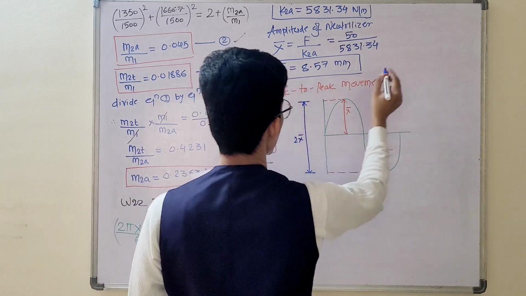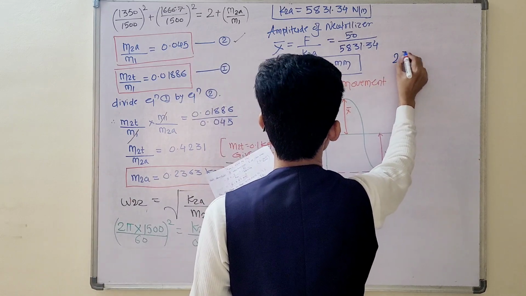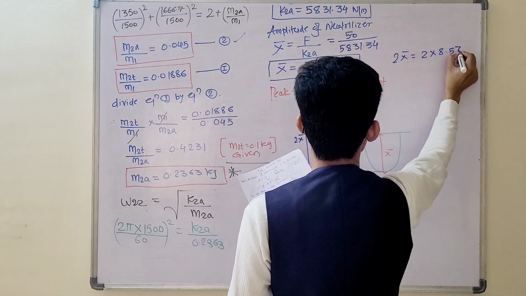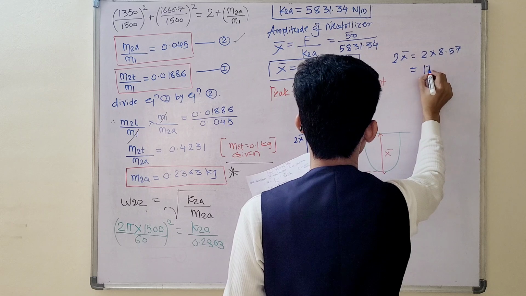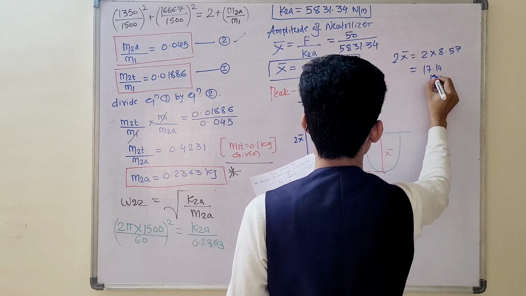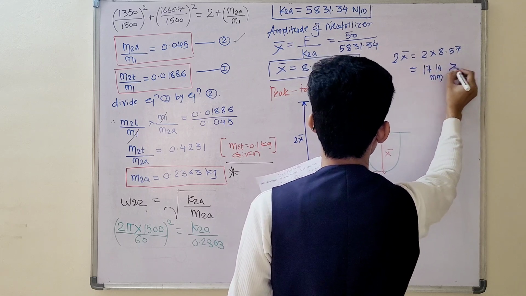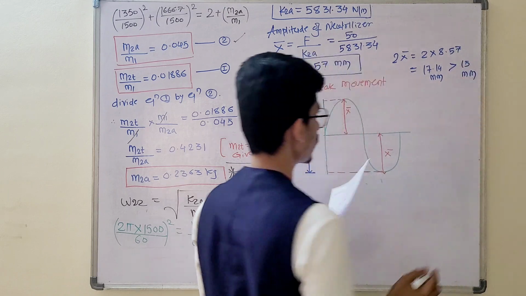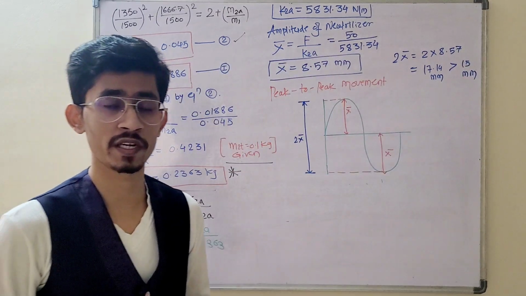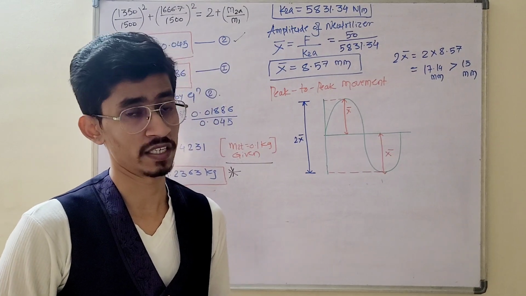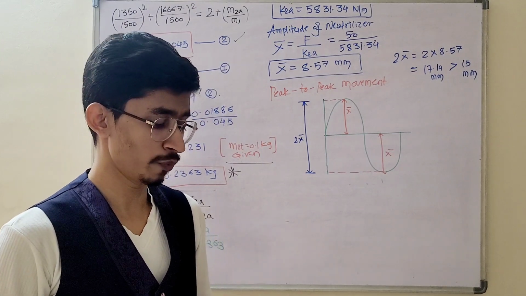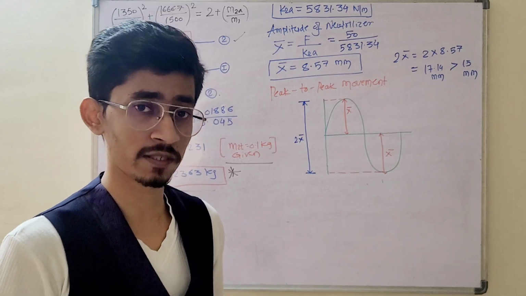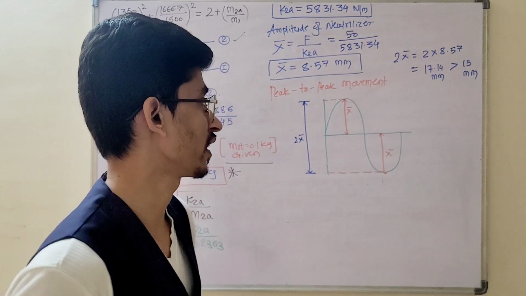So 2x bar is equal to 2 into 8.57, which is equal to 17.14 mm, which is greater than the given constraint. The constraint is given as the peak to peak amplitude should not be greater than 15 mm, but in the present condition, the peak to peak amplitude is found to be 17.14 mm, which is higher than the given amplitude.